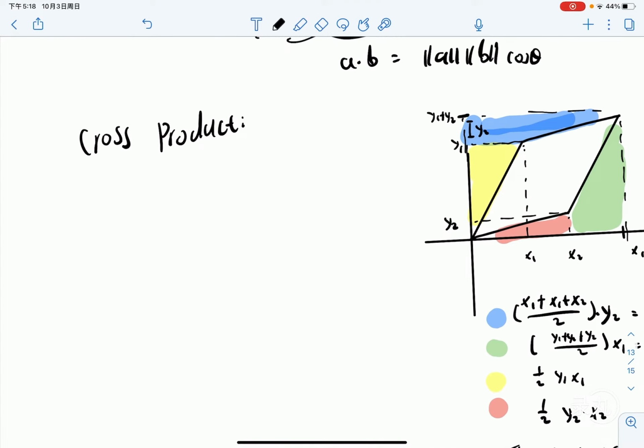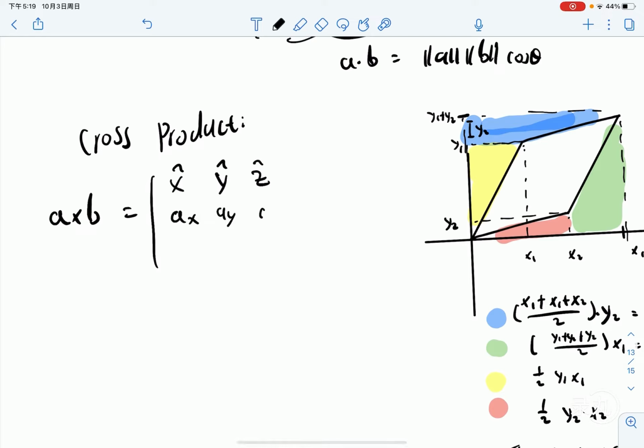So the definition of the cross product is taking A cross B, which is equal to this determinant. I'll explain in a second. The rows are x hat, y hat, z hat, then ax, ay, az, and bx, by, bz.